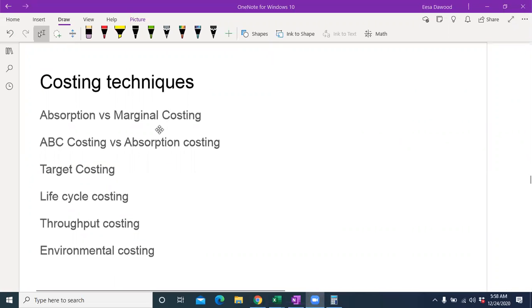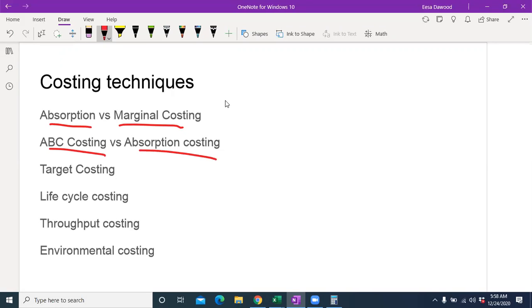Okay, costing techniques. The number one area in costing techniques is that you will start from marginal and absorption costing. It's absorption versus marginal, and then ABC versus absorption costing. What is the difference between absorption costing and marginal costing? It's two schools of thought. Why is it used?